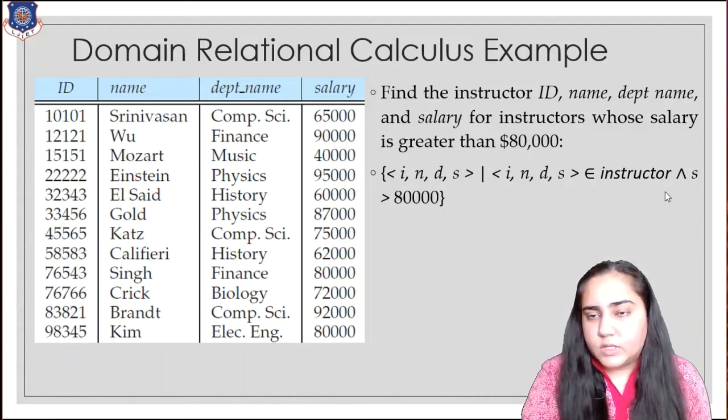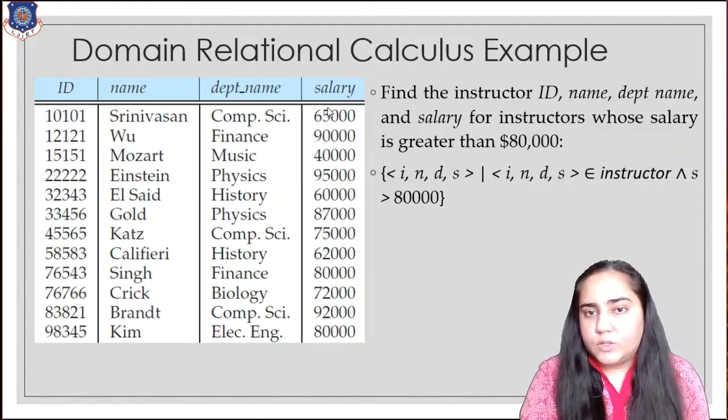So this is the first condition. And the second condition is that S should be greater than 80,000 because S is something we are associating with the salary of instructor. So I, N, D, S is the combination of columns that we want, and the first condition for a row to be successful is that this should belong to instructor.